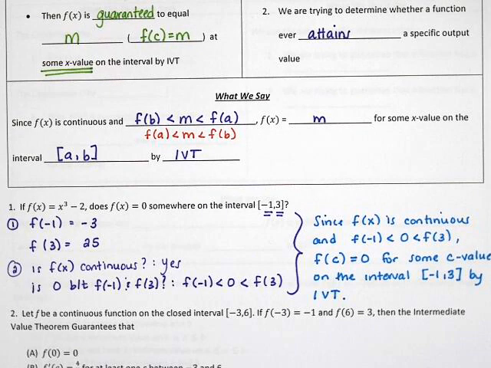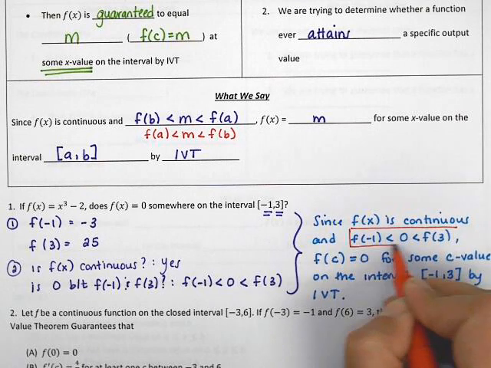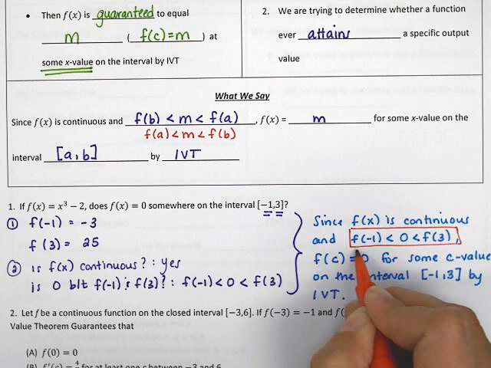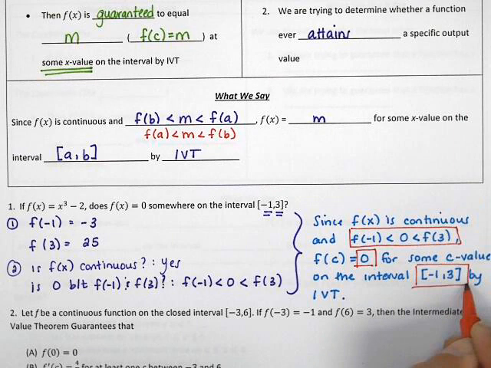And the only really changeable parts of that are what the number is that you want to equal, and what the interval is that you're filling in.